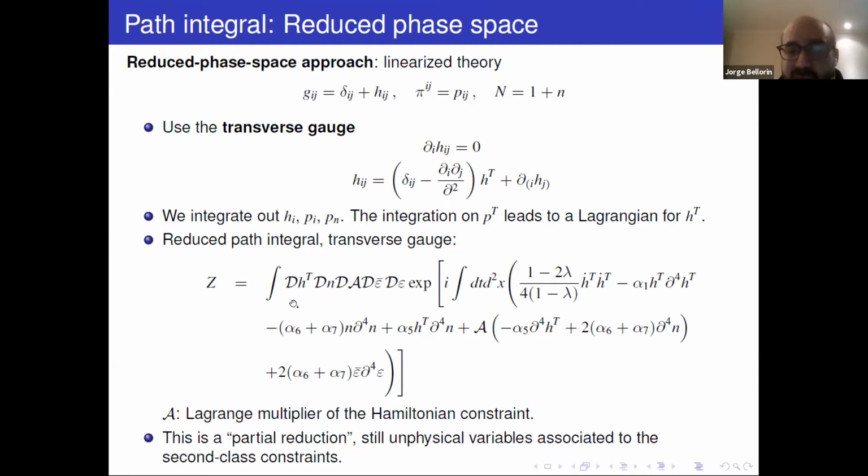So you are close to the physical degrees of freedom, but there are still some unphysical degrees of freedom because we are interested in the sector associated to the second-class constraint. The main important result we obtain is that we can compute the propagator associated to these variables.